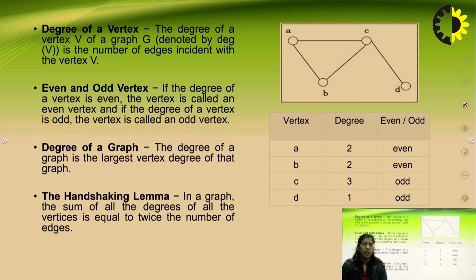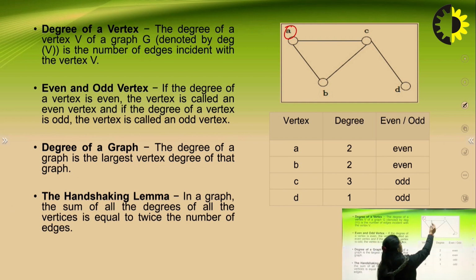Moving on to what is the degree of a vertex. In the same graph, for this particular vertex, the number of edges connecting to this vertex is known as the degree of the vertex.